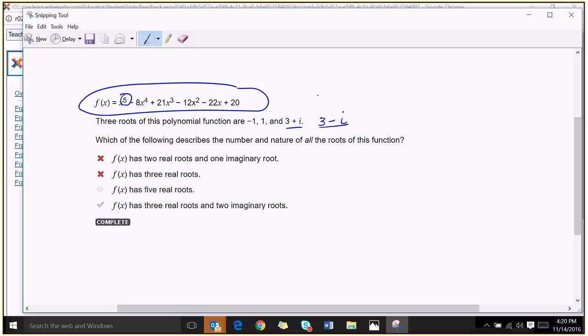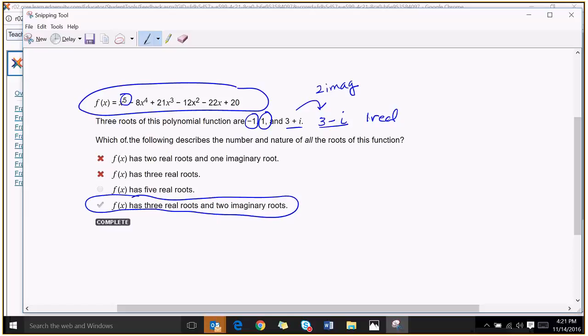So you know you're going to have at least 2 imaginary numbers. And then what's that 5th root going to look like? Real or imaginary? Because I need a total of 5. So I know 2 are real and 2 are imaginary so far. So what's the 5th one going to be? Real. We don't know what it is, and they're not asking us to find it right now. We just know that we also have another real root. And so the answer is that it has 3 real roots and 2 imaginary.